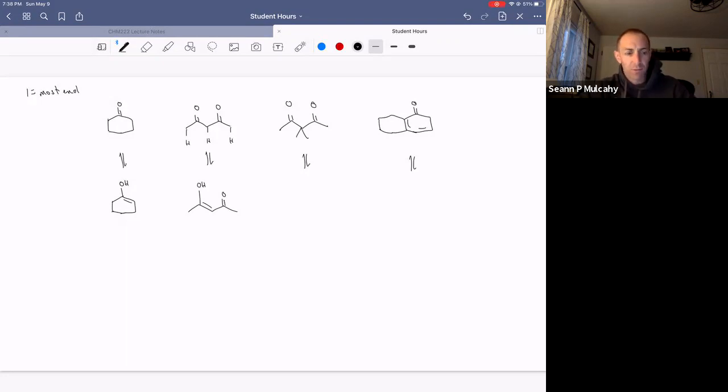Now we got 2 methyl groups in the middle. So where are our alpha protons? They're only at the ends. So let's just pick one. Our enol is going to look like that. And how about the last one?